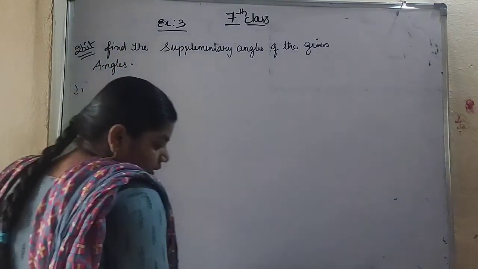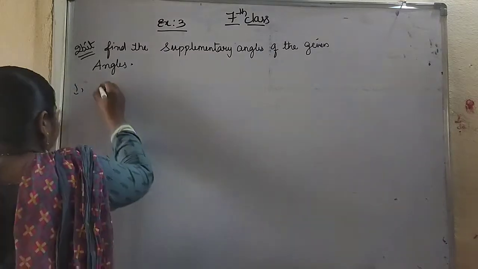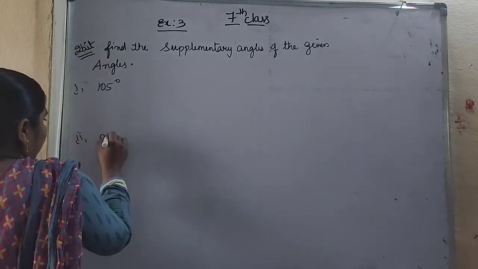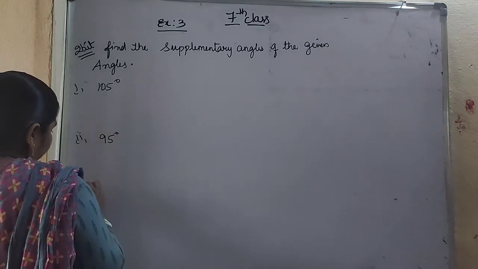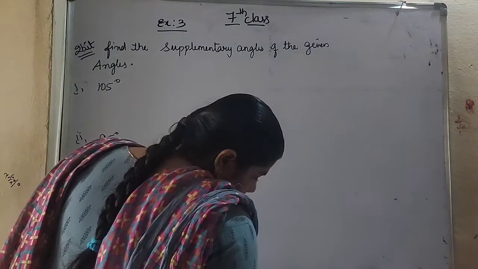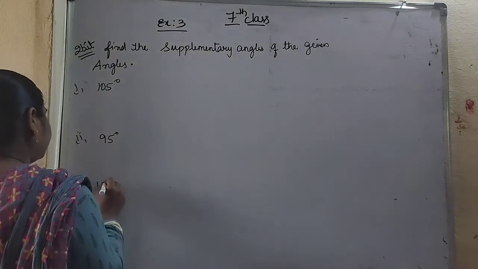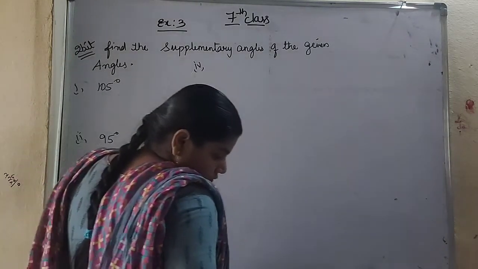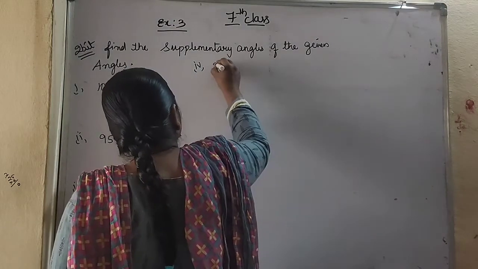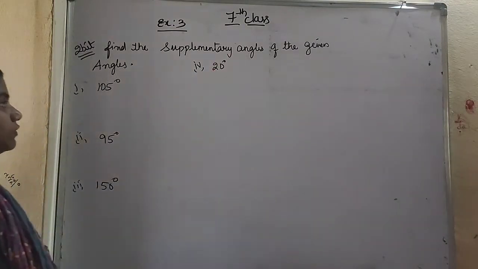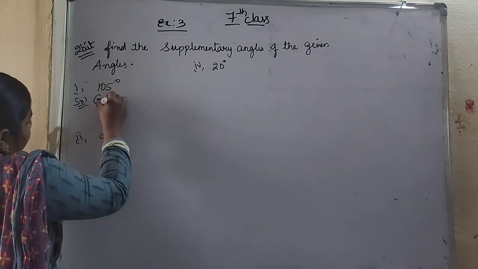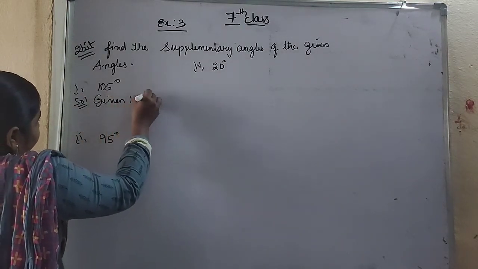So what is the first one? First one is 105. Second is 95. Third is 150. Fourth is 20. So what are the supplementary angles for these, we have to find. Here 105 degrees is given.